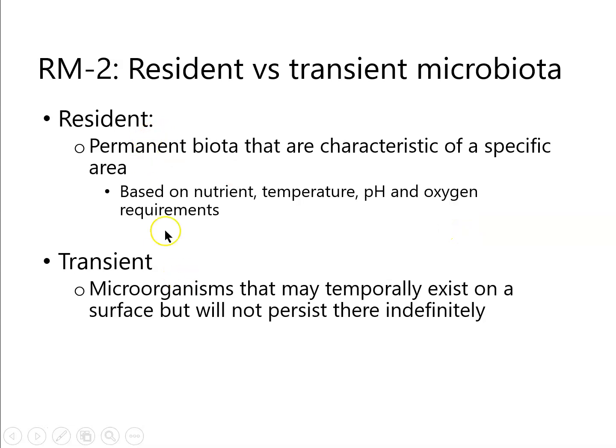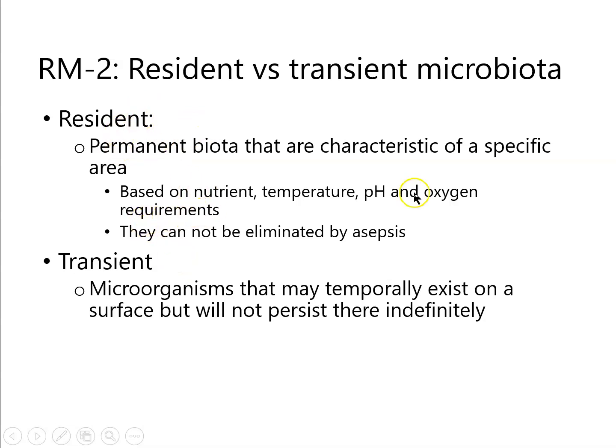And so one major way we would contrast these is that the resident microbes can't really be eliminated. We can't get rid of the resident microorganisms on a person. We can't sterilize the skin. Things like hand washing or scrubbing skin using iodine don't get rid of all the resident microbiota.